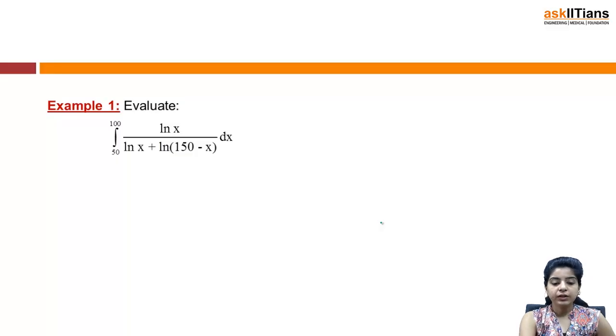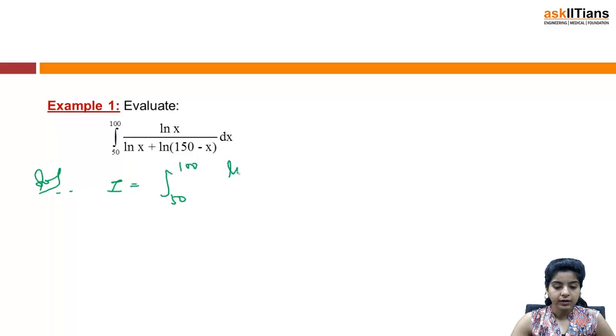Evaluate integral 50 to 100 ln x by ln x plus ln (150 minus x) dx. My I is 50 to 100 ln x by ln x plus ln (150 minus x) dx. This is what I have.